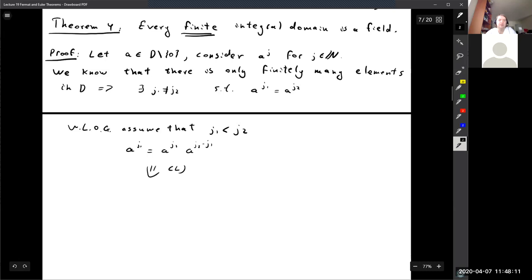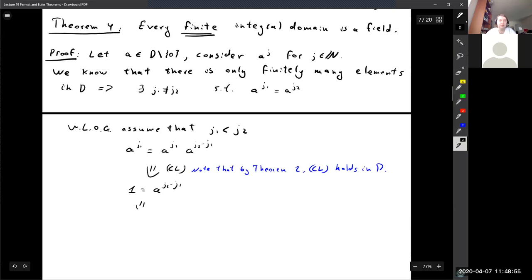So by the left cancellation law, which holds because there are no zero divisors, note that by theorem 2, CL holds in D. We can conclude that 1 equals A to the J2 minus J1. In other words, there is a finite power of A which is the unity element.